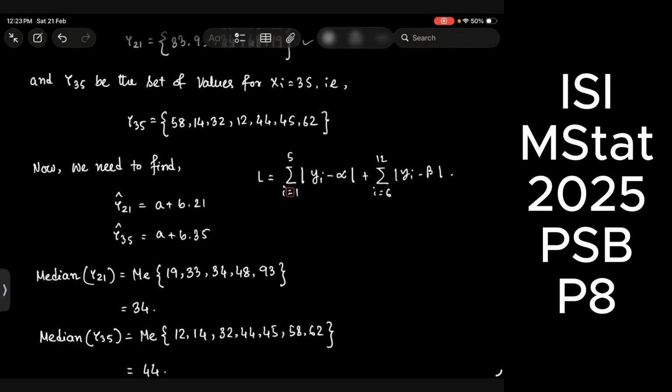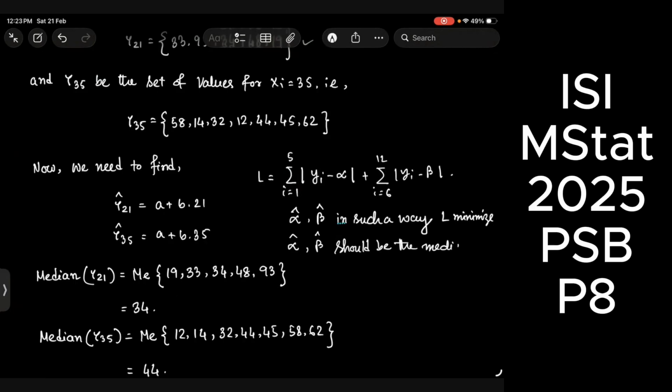So we have to find alpha cap and beta cap in such a way that this L is minimized. So alpha cap and beta cap should be the median of y for the respective groups of x's. Correct? This is the theory behind it.